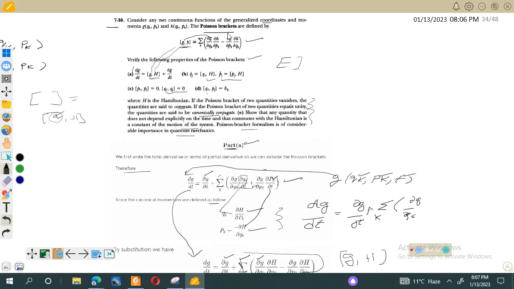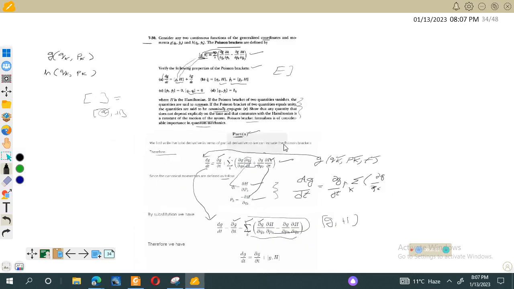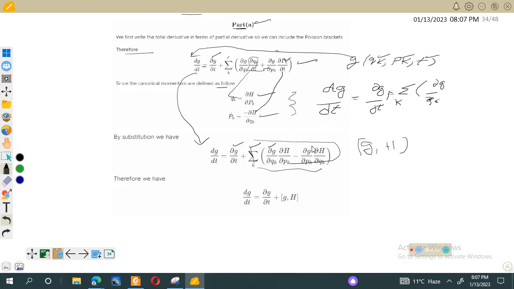You can use this one, g and h, which is equal to this. So using this definition we can replace the partial g over partial t plus this whole term as g and capital H. So this dg over dt will be equal to partial g over partial t plus this whole term, which is equal to g and commutator h, as in the statement of the question.